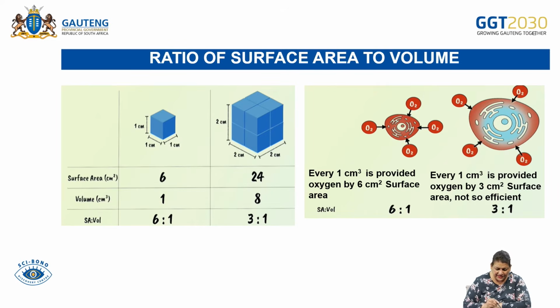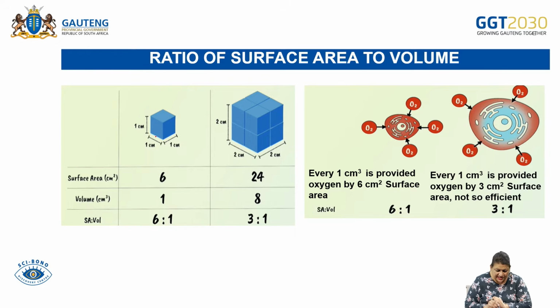So let's look at this now. Let us look at a simple thing like a square. This is a small little cube, 1 centimeter by 1 centimeter by 1. It has a surface on this side, this side, this side. The space it's taking is just 1 centimeter. But look at all the surfaces it has.